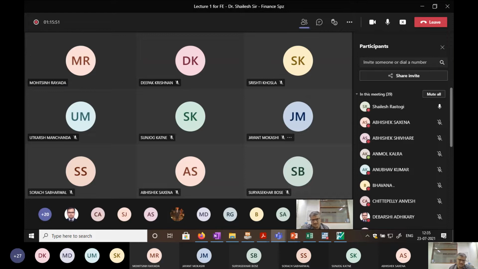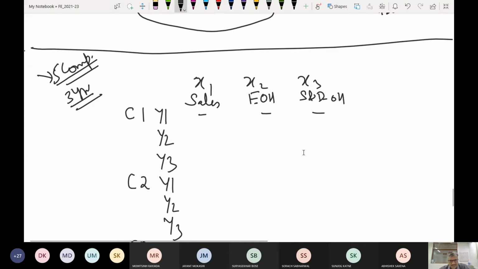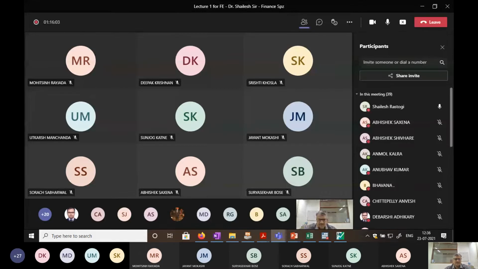Rows will remain rows, you can call them by another name. Panel data could be called by another name tomorrow, it doesn't matter. This name is there, panel data. Any other question? If you are clear, great. If you are not clear, ask.